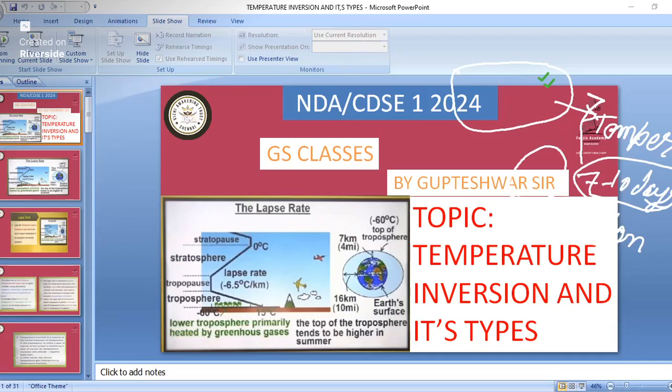People were not able to breathe, and because of that people were dying. That was mechanical inversion that occurred in the London area. London comes in the mid latitudinal part. So by this you can know that upper air inversion happens in the mid latitudinal parts.